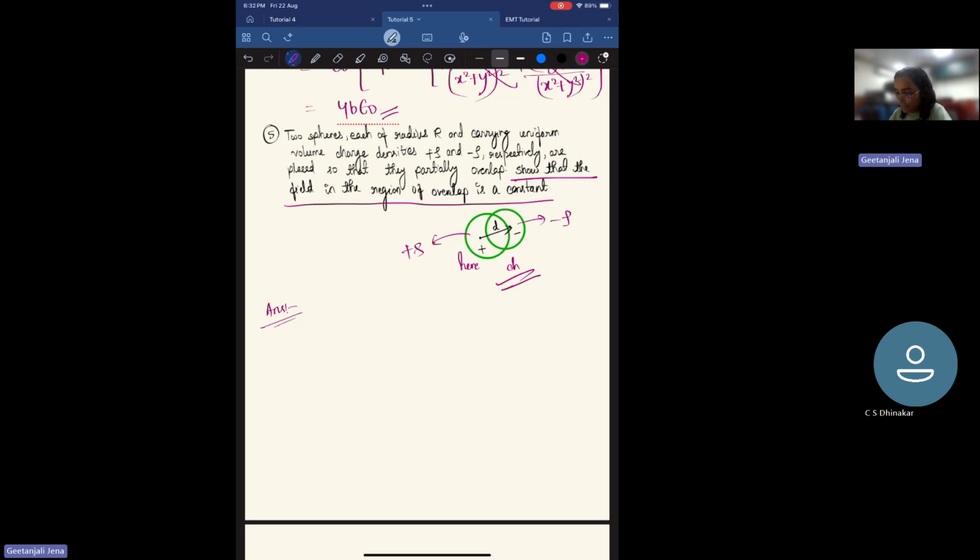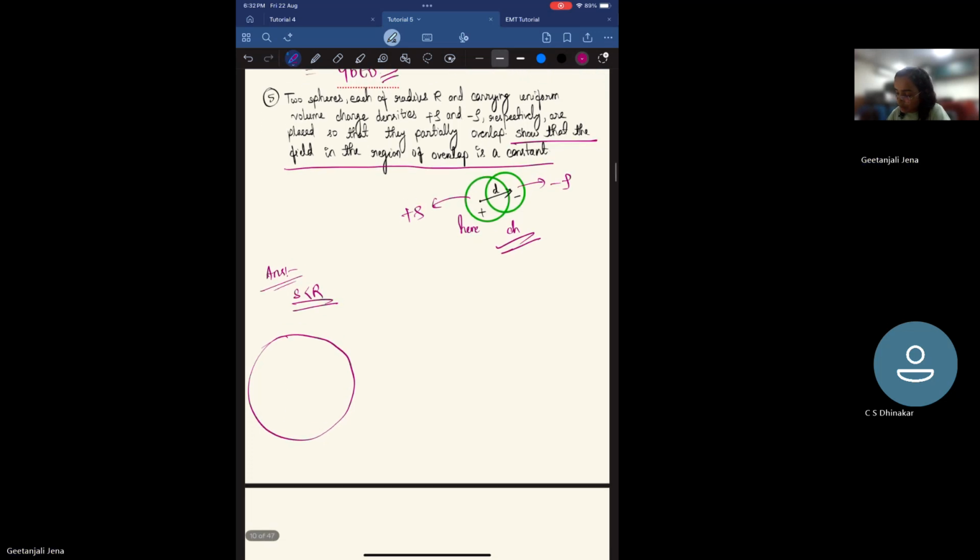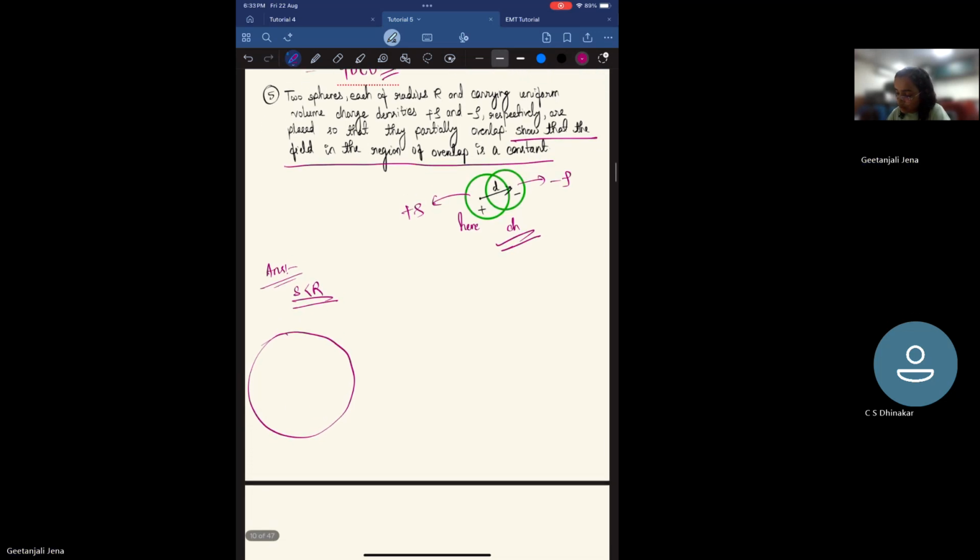So for the field inside, for s less than R, if you see, this is the sphere and this is a symmetric charge distribution. That means we can use Gauss law, and the Gaussian surface will be a sphere at radius s.